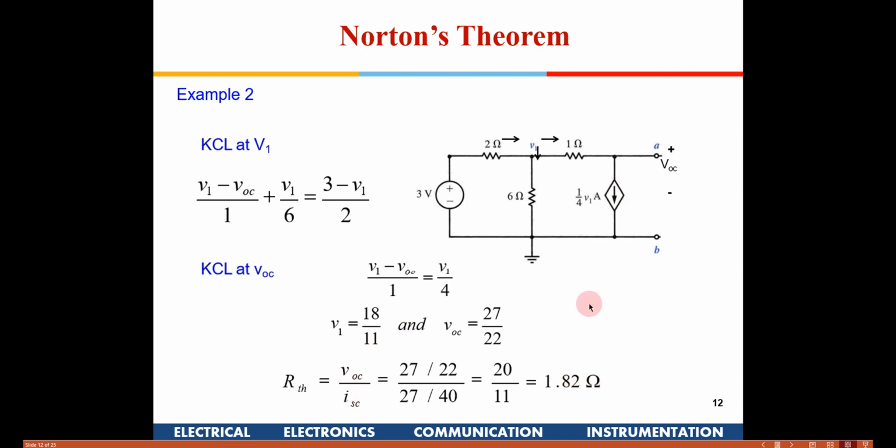So we can also find out RTH. Also in this case, because there is a dependent source here, we would need to apply VTH and then compute the currents and divide it, right? So instead of that, we are finding out the Thevenin voltage out here, okay, and then dividing it by ISC. So this is a simpler approach.